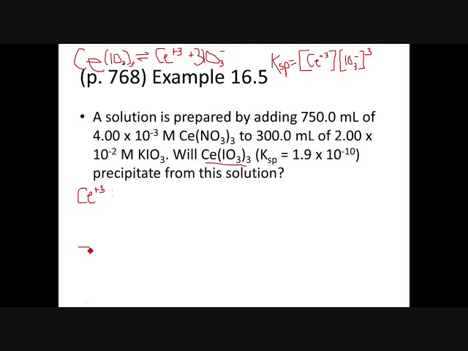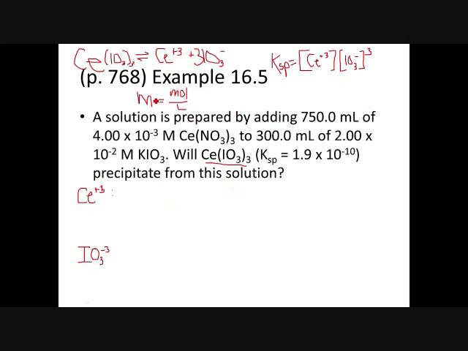Okay, so we need to take, remember, molarity equals moles over volume, or moles over liters. Now since you have milliliters, you could use milliliters and get millimoles. Some people like to do that, some people don't. It's up to you what you want to do. I'm gonna do the millimole route.